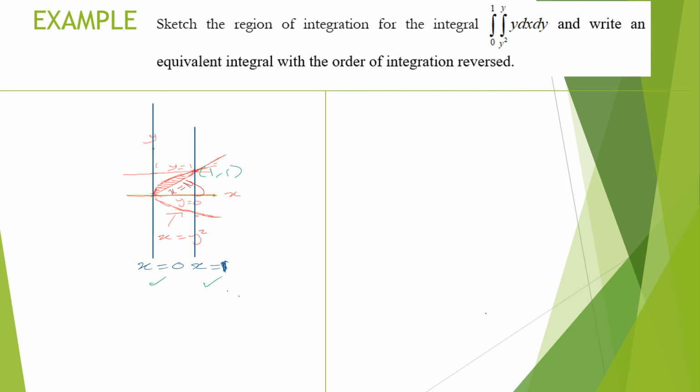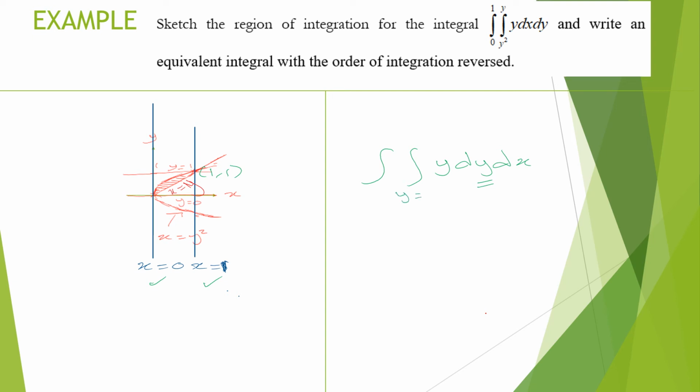So now we are going to proceed to reverse. Write again our double integral, but now we reverse the order of integration. So dx dy becomes dy dx. Since we have y here, the inner integral is y equals what to what.